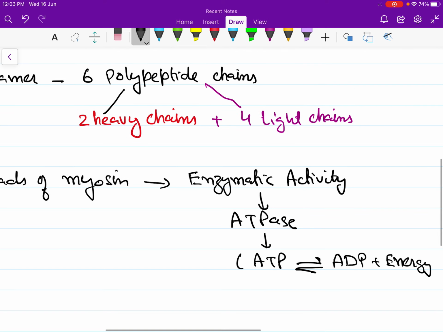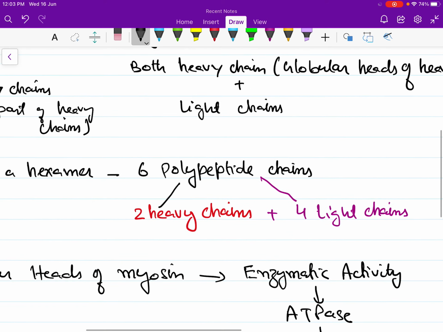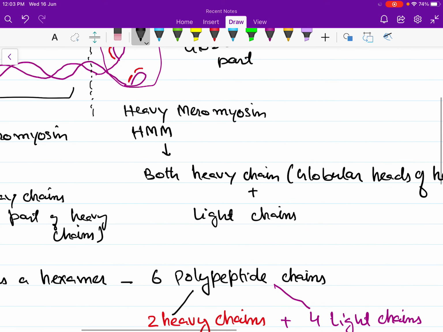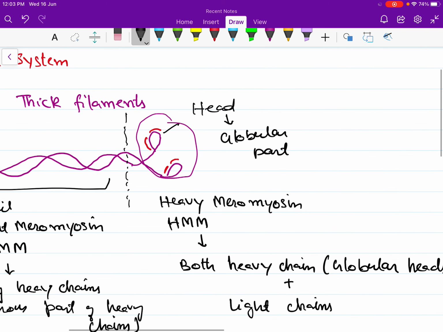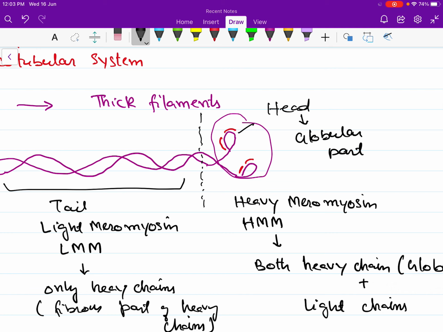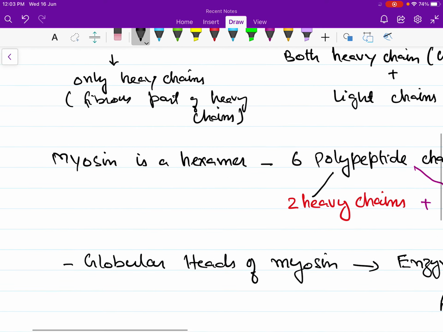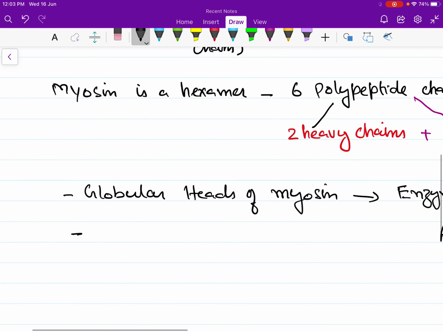Number one, that is the ATPase activity. Number two, because these globular heads emerge from the myosin proteins, they are also called cross arms. So the globular heads of the myosin form the cross arms.